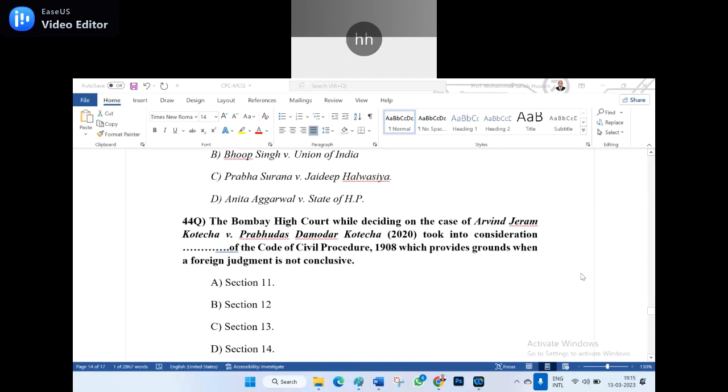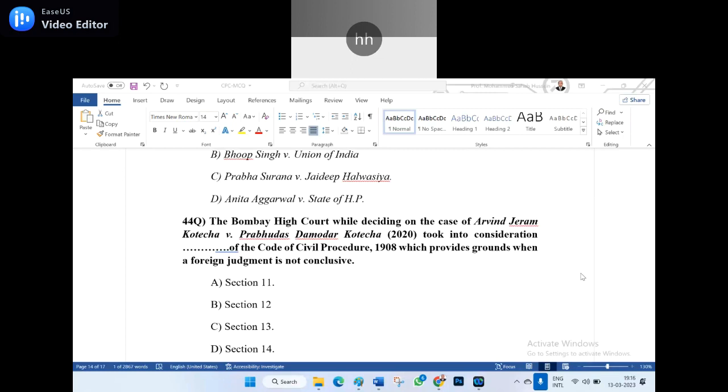Now, 44th question. The Bombay High Court, while deciding the case of Arvind Jairam Kotecha versus Prabhudas Damodar Kotecha, 2020, took into consideration dash of the Code of Civil Procedure 1908, which provides a ground when a foreign judgment is not conclusive. Which section?